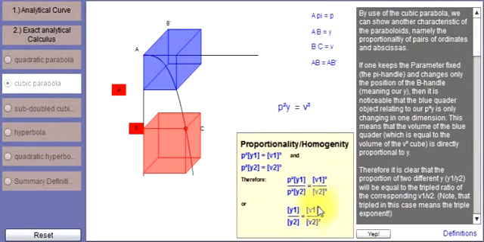And he said this very relationship between the proportions of the abscissas and the proportions of the ordinates also determine the nature of the curve, in this case a cubic parabola.